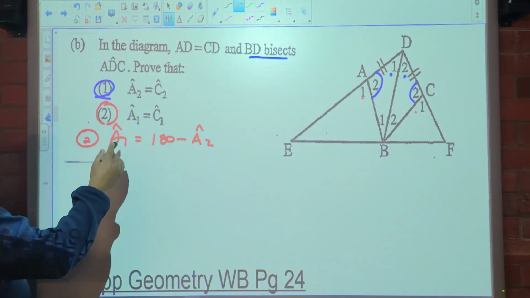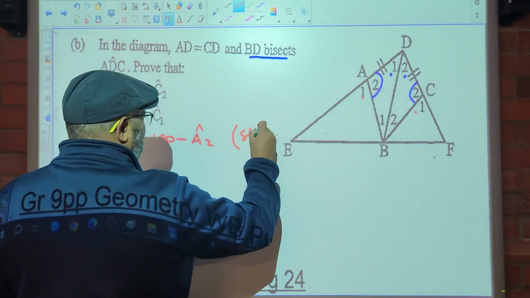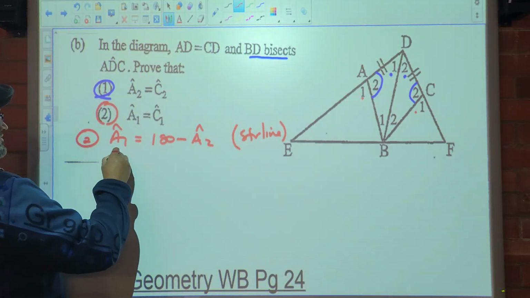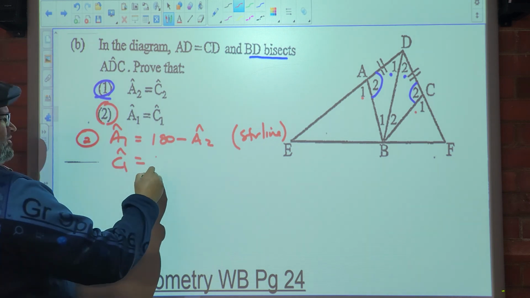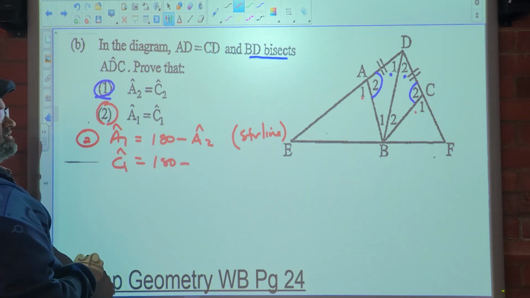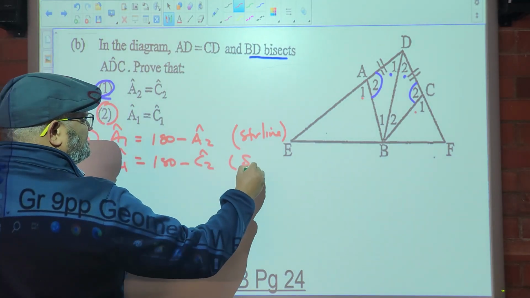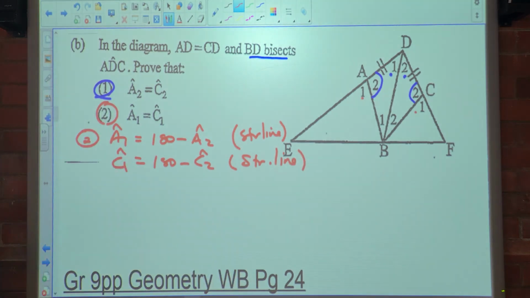Or A1 plus A2 is 180, straight line. People, what is C1 equal to? 180 minus C2. Why? Straight line. Or again, you could have first said C1 plus C2 is 180, straight line, and then C1 is equal to 180 minus C2.